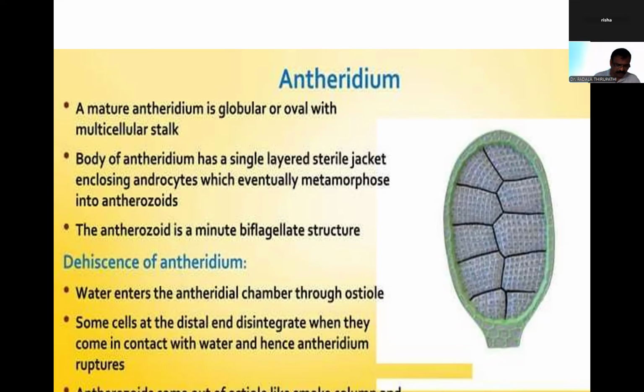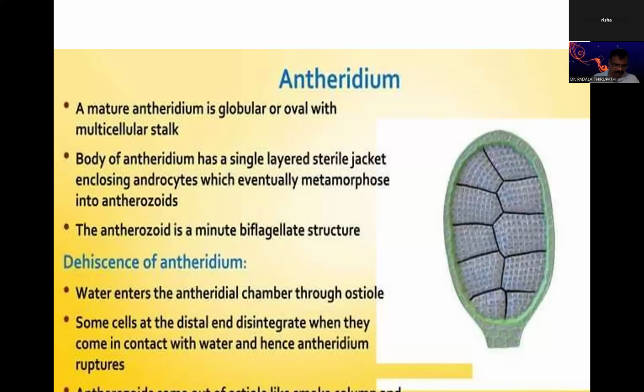The body of the antheridium has a single layer, called the jacket layer, enclosing many cells, the partitions you are seeing. Each partition will develop into an androcyte, which eventually metamorphoses into an antherozoid.